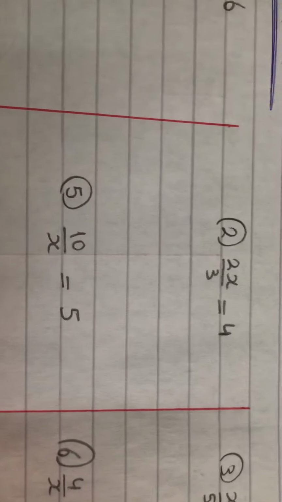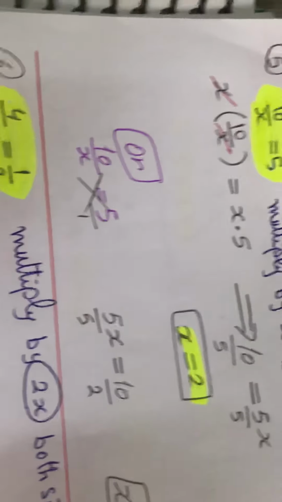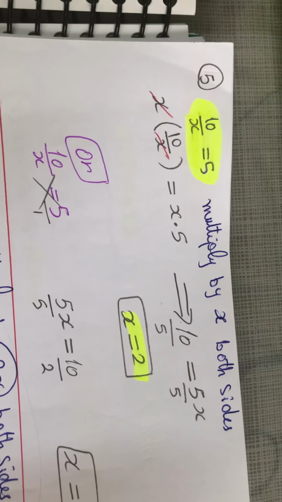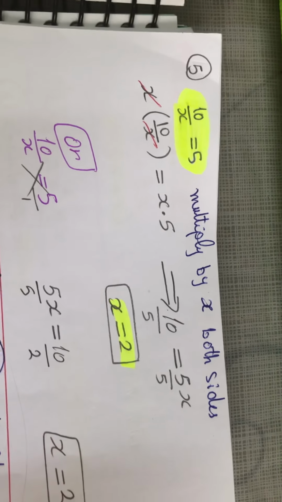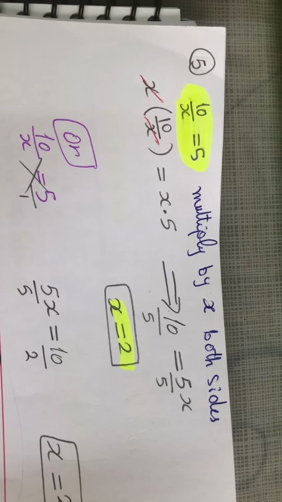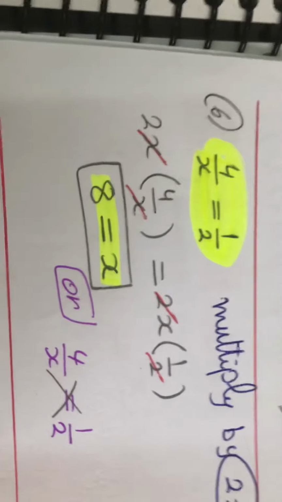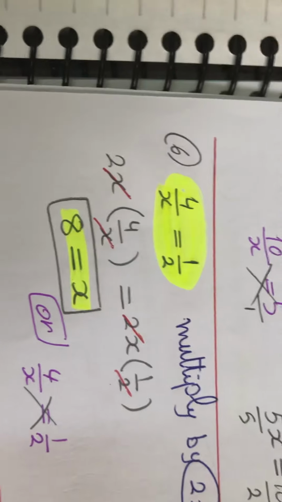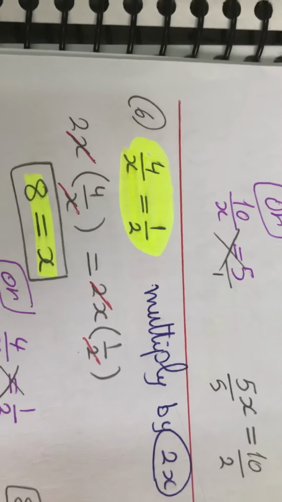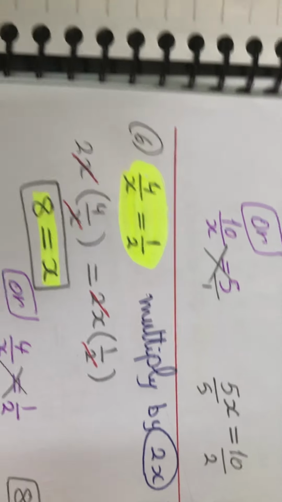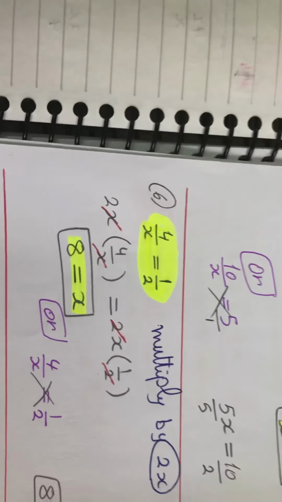Point number 5 in question 4, we have 10 over x equal 5, the same. You can multiply by x both sides to clear the denominator or make cross multiplication. Here you have proportion 4 over x equal 1 over 2. Two fractions equal each other. You can clear the denominator.